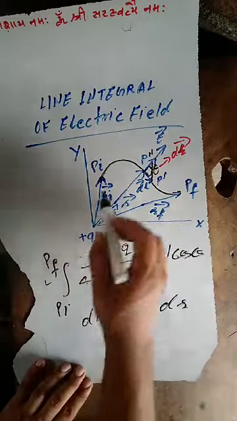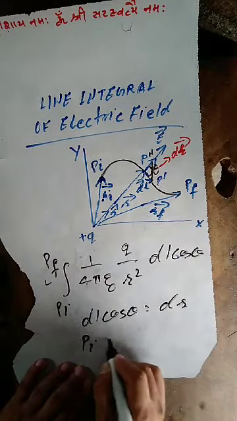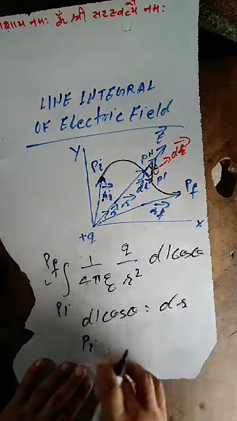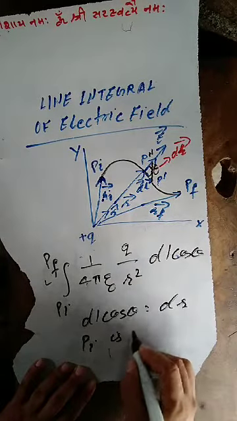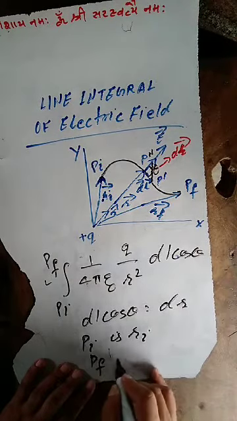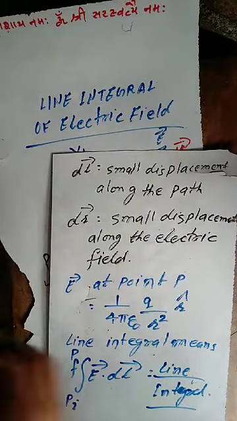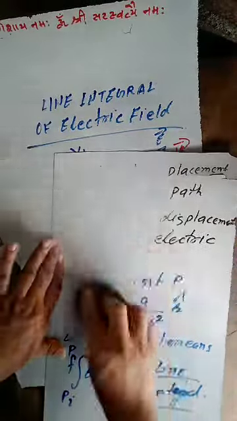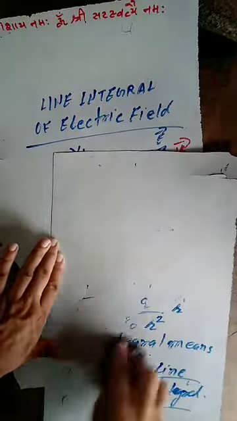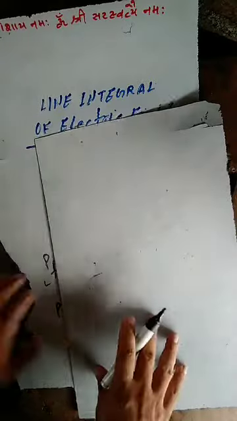And what will be Pf and Pi in terms of position vector? For Pi it is ri, and for Pf it is rf. That's why the equation will become like this.